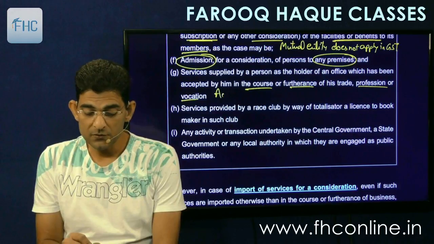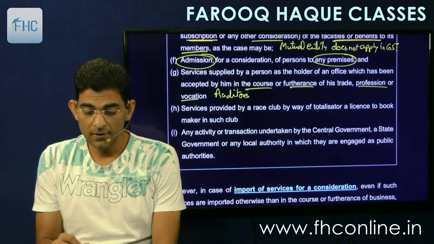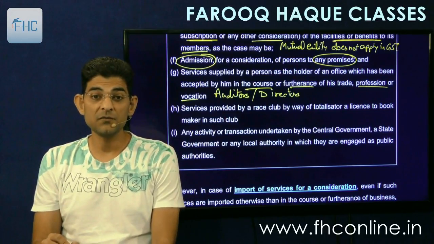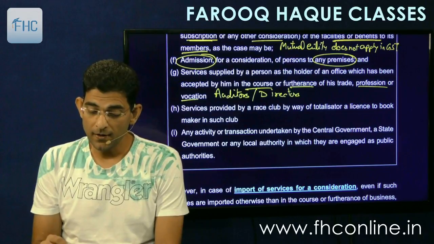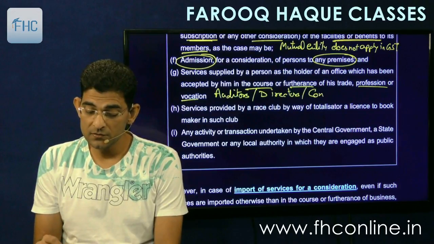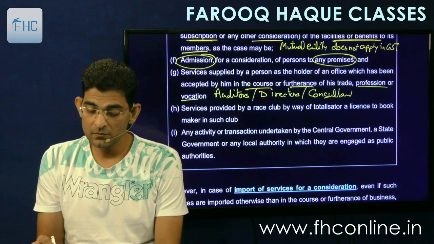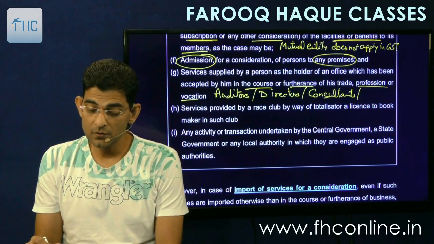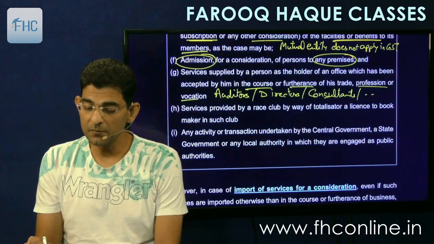So write down examples as auditors, then directors. You are a professional director and you accept an office of director in a company and you receive remuneration for that. And consultants and advocates, they are called attorneys, and counselors, and so on and so forth. A lot of people will be there.